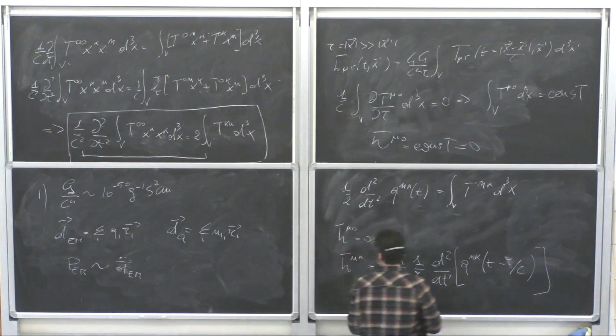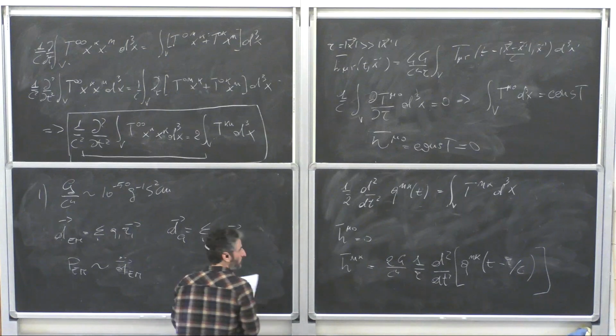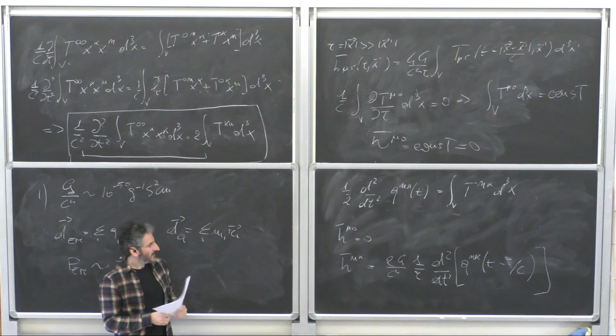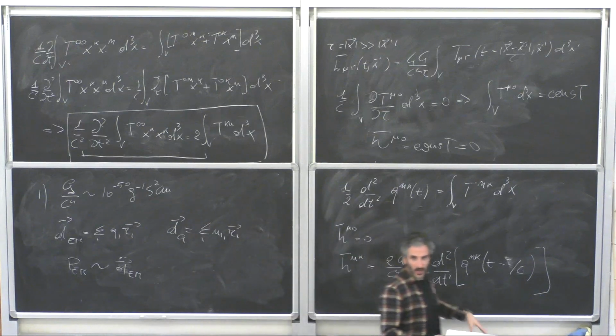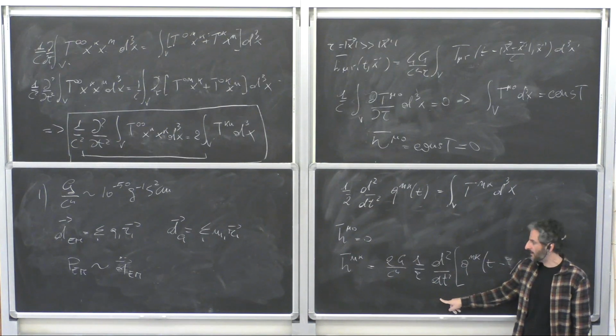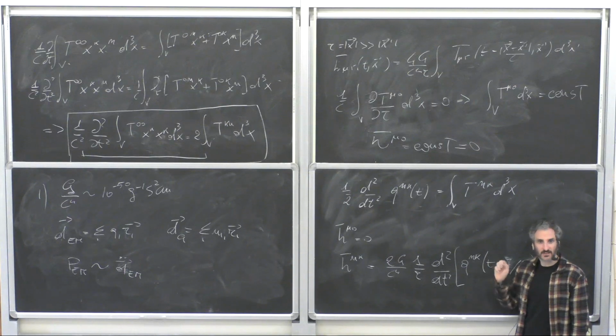What I want to do now, at least in the next hour, is to transform this, which is a general result you can apply everywhere, to a specific case, which is the binary motion of two point particles.